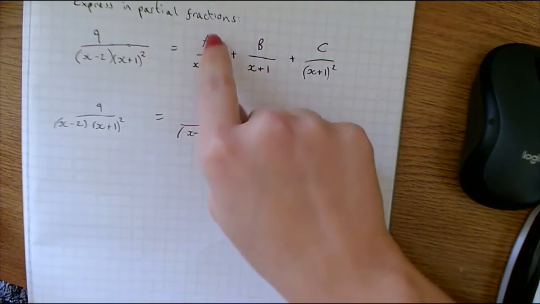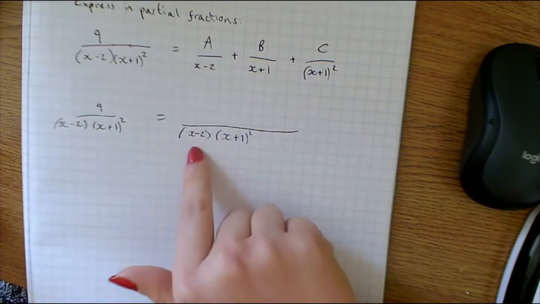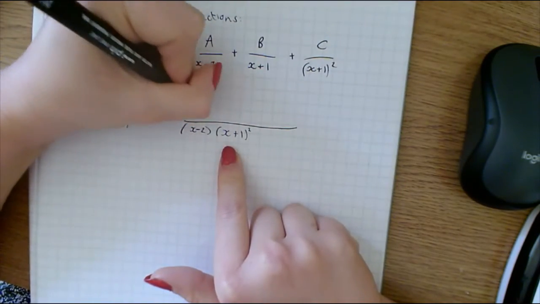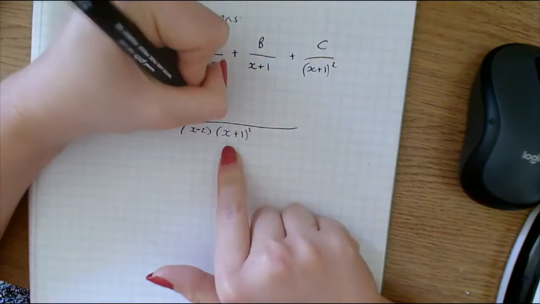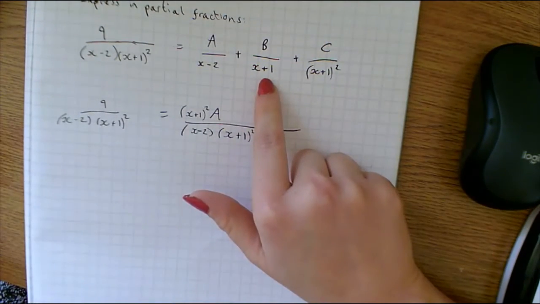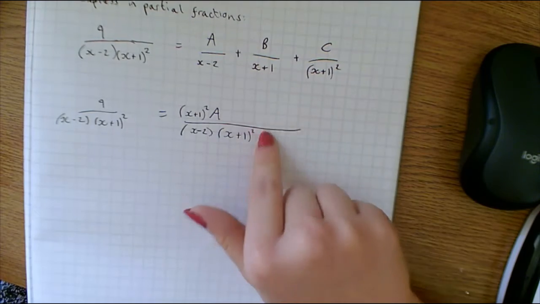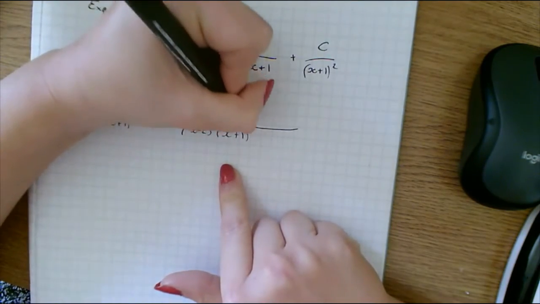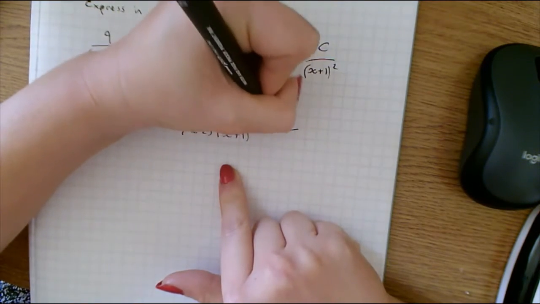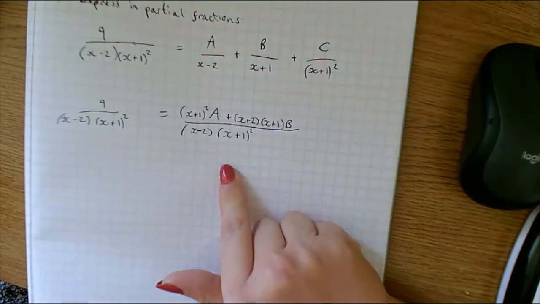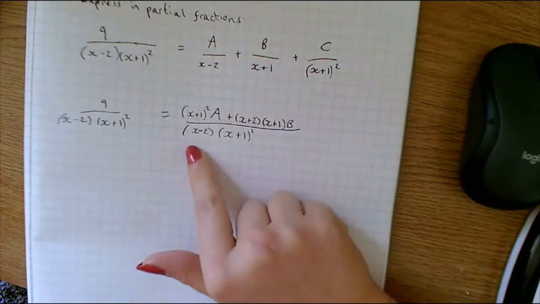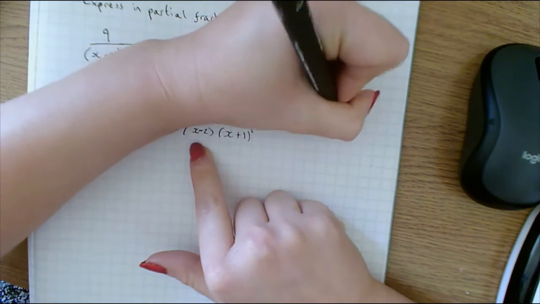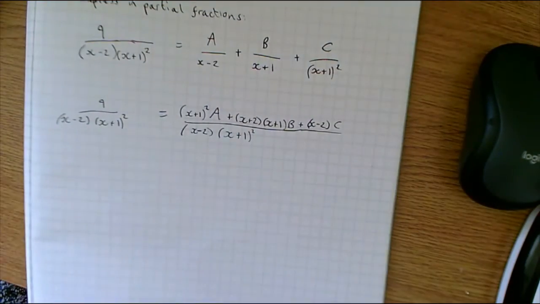Thinking super carefully, to get from x minus 2 to (x minus 2)(x plus 1) squared, I've multiplied by (x plus 1) squared, so I get (x plus 1) squared A. For B, I've multiplied by x minus 2 but also x plus 1, so I get (x minus 2)(x plus 1) lots of B. And for C, I've simply multiplied by x minus 2, so I get (x minus 2) lots of C.